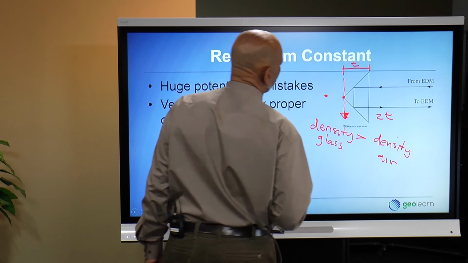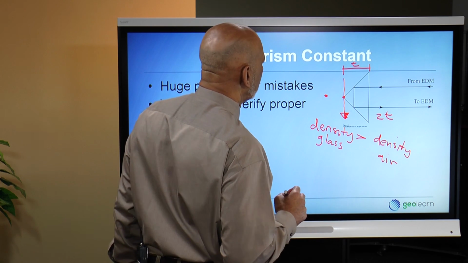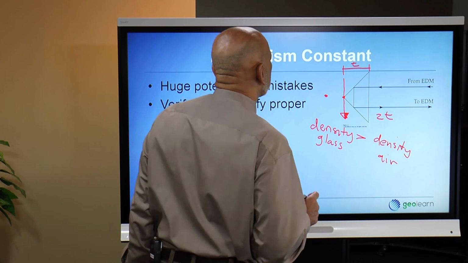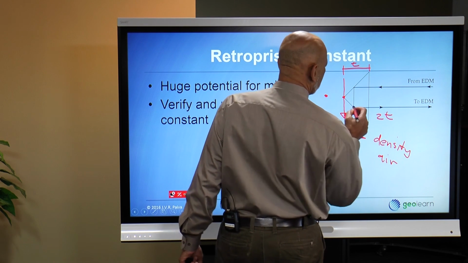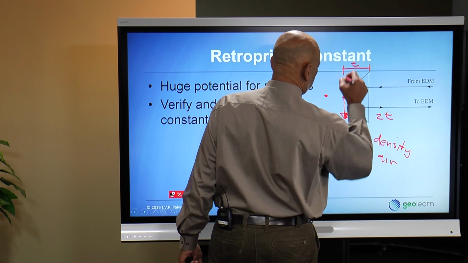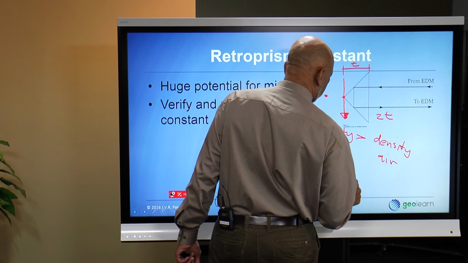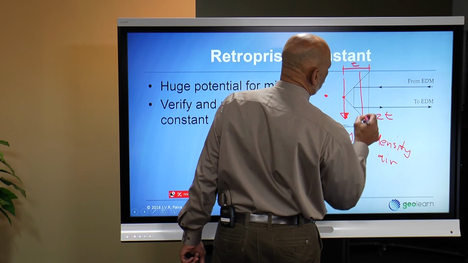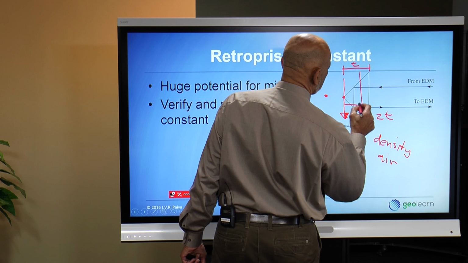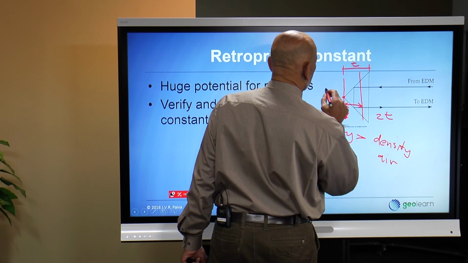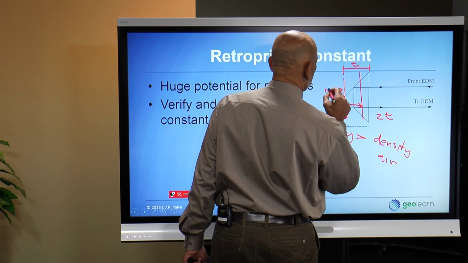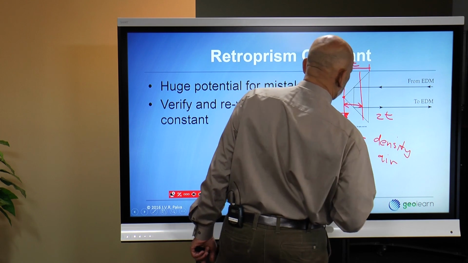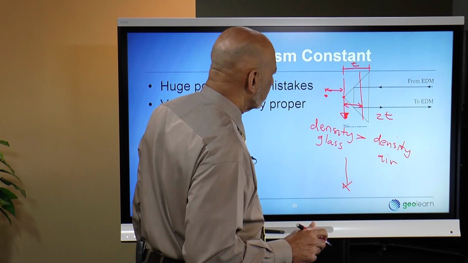So having that problem means that instead of plumbing the prism exactly with the apex where the plumb line is over the point on the ground here, what we need to do is move the prism forward physically a certain distance equal to this error caused by the fact that the glass is thicker than air.